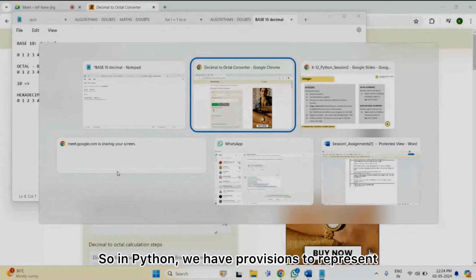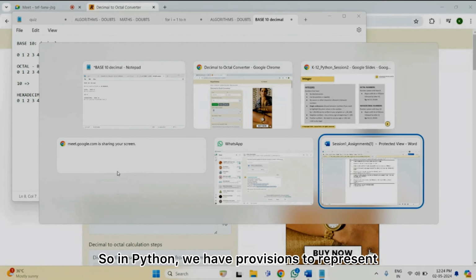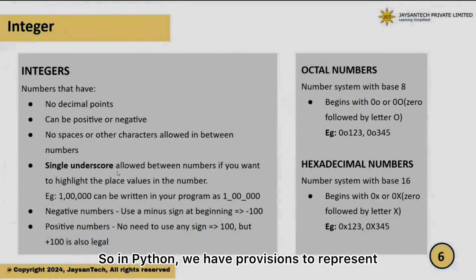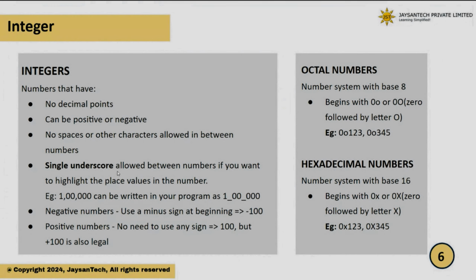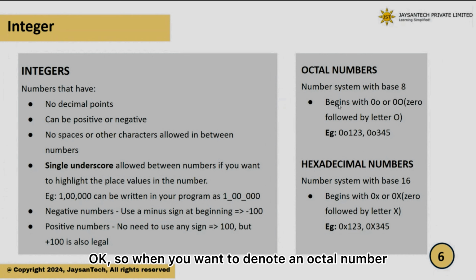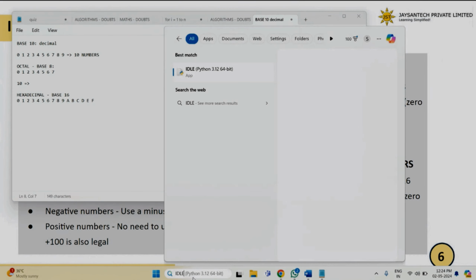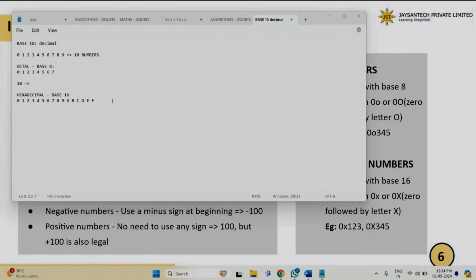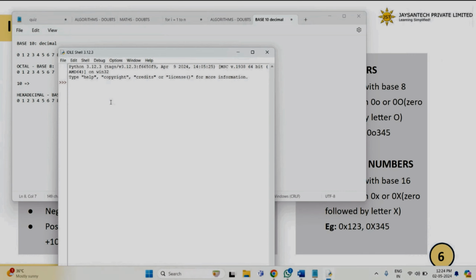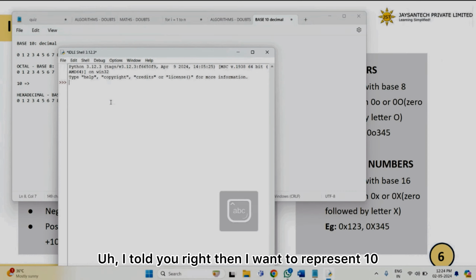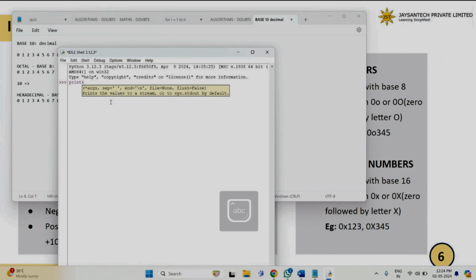So in Python, we have provisions to represent octal and hexadecimal numbers as well. When you want to denote an octal number, I'll just open my IDLE. Like I told you, I want to represent 10 as an octal number.